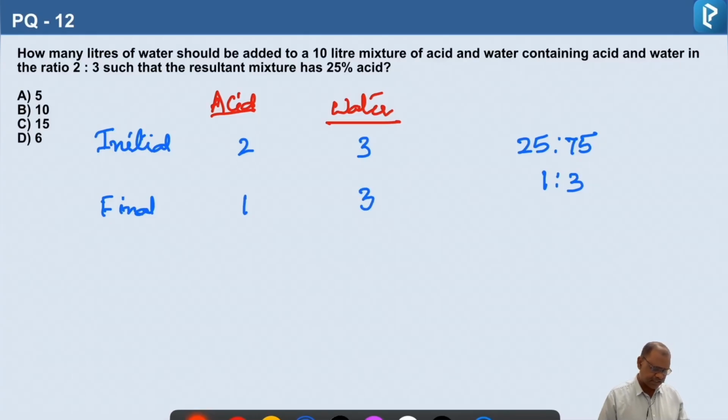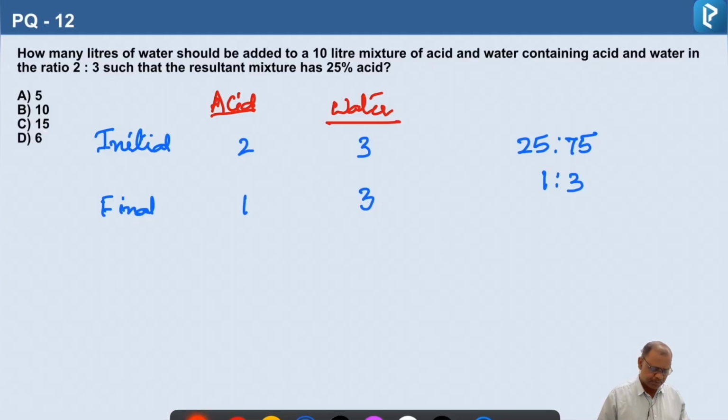So the question is, how many liters of water should be added? So here there is no change in the quantity of acid. So let us make the acid equal parts. So here we have 2 parts initially, final we have 1 part. So we will make final also 2 parts of acid.